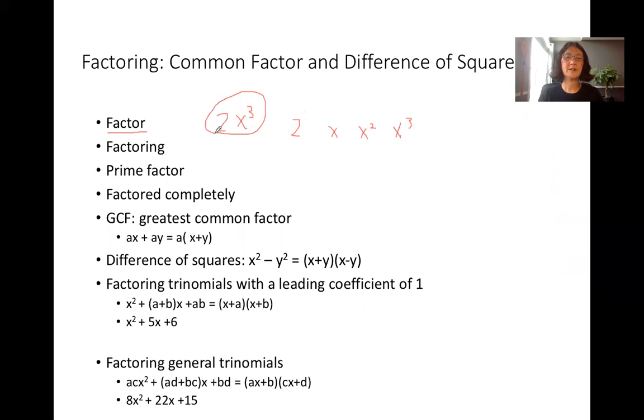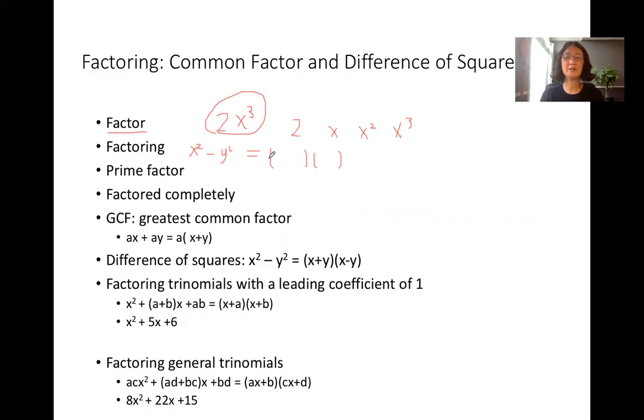Factorization. So if you have, for example, x squared minus y squared, this is the algebraic expression. How do we express this one in product form? It means equal to what term multiplied by what term.